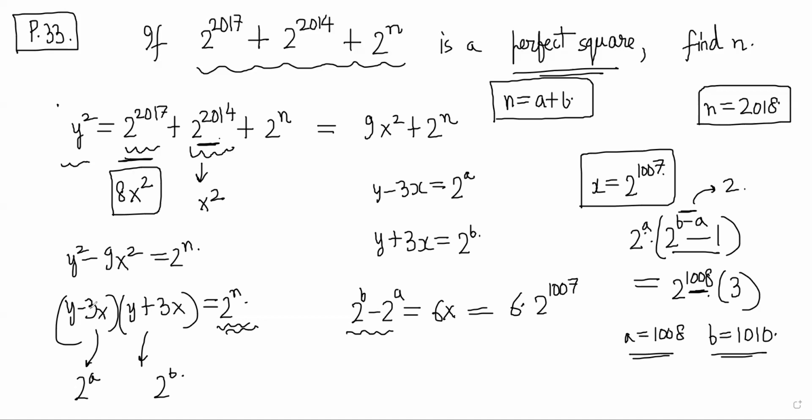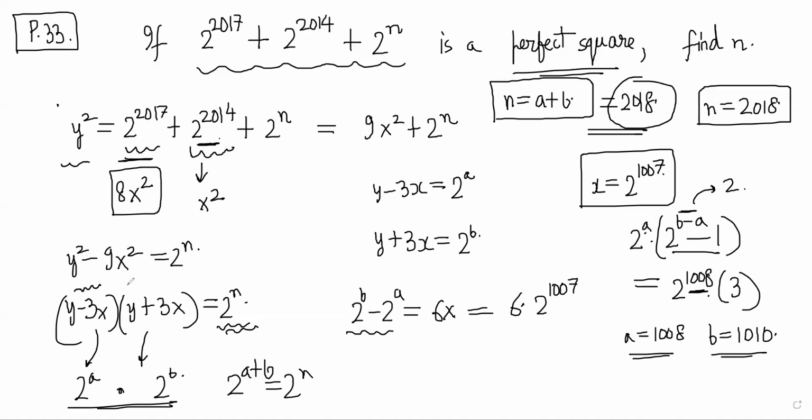Notice why is n a plus b? Because 2 power a times 2 power b was equal to 2 power n, here the product. So n is a plus b, you are getting 2018. Obviously, you can get the 2018 answer faster than this, but right now we have totally factorized it, so we can say how it is being split.